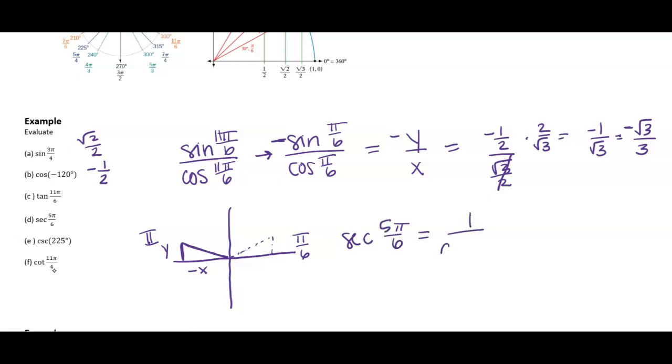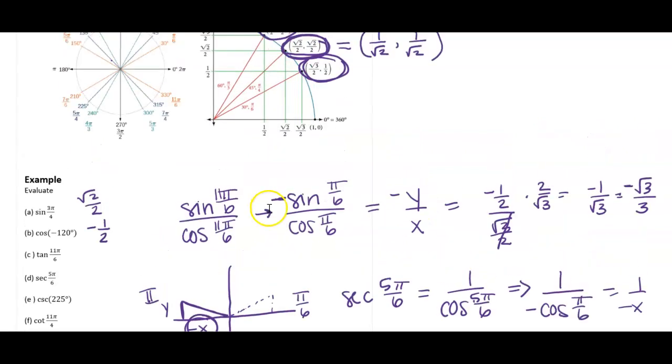Now secant would be 1 over cosine. And cosine, remember, is your x. So that's going to end up giving me 1 over the negative cosine of pi over 6. I just want to make sure that I include that it's a negative x value over here.